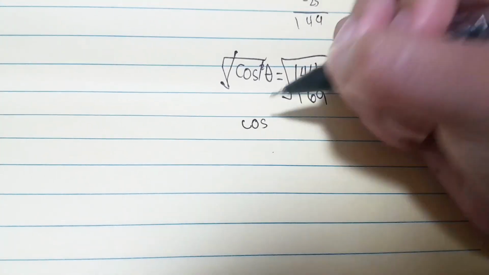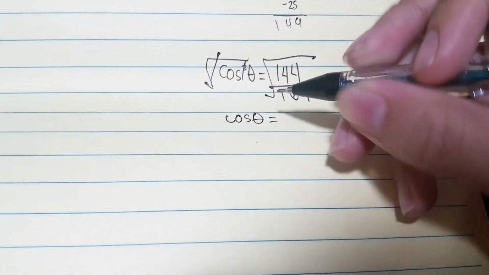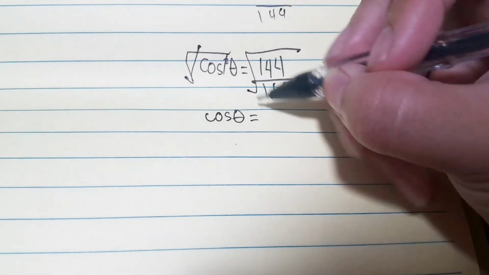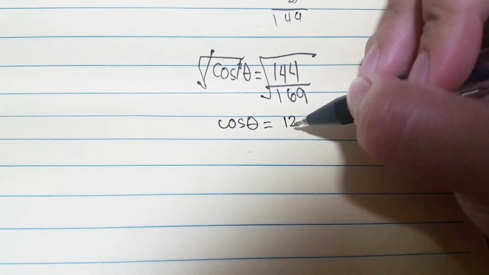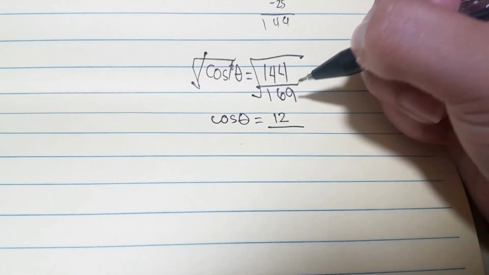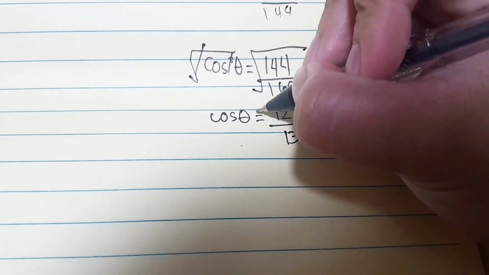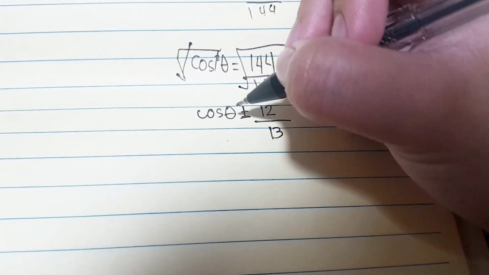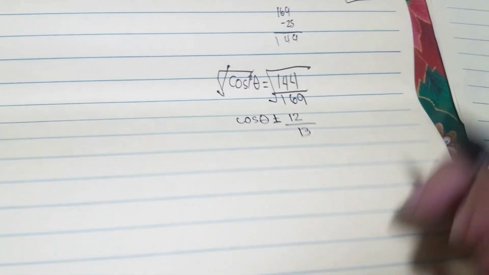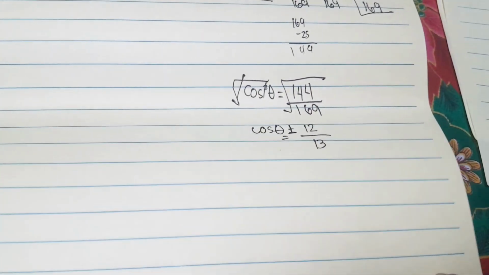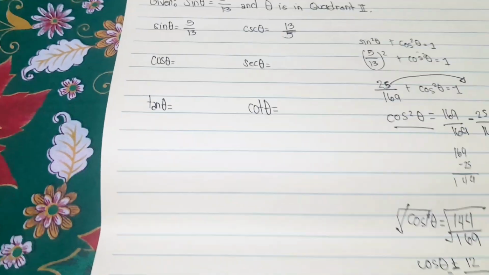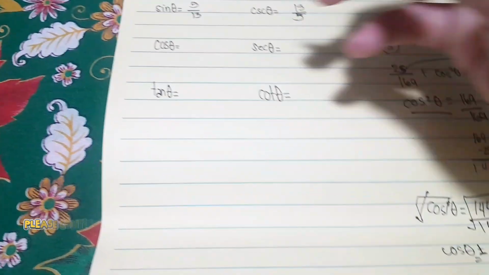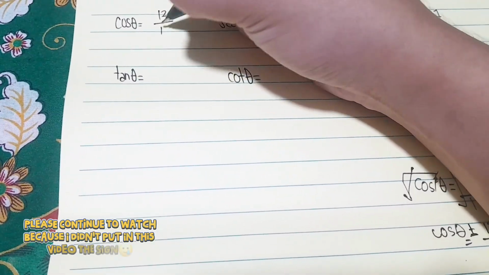So, cancel out, matitira ay cos theta is equals to square root of 144 is 12. Then, square root of 169 is 13. So, ang magiging sagot ay cos theta is equals to positive and negative 12 over 13. So, ang value ng cos natin ngayon ay 12 over 13.